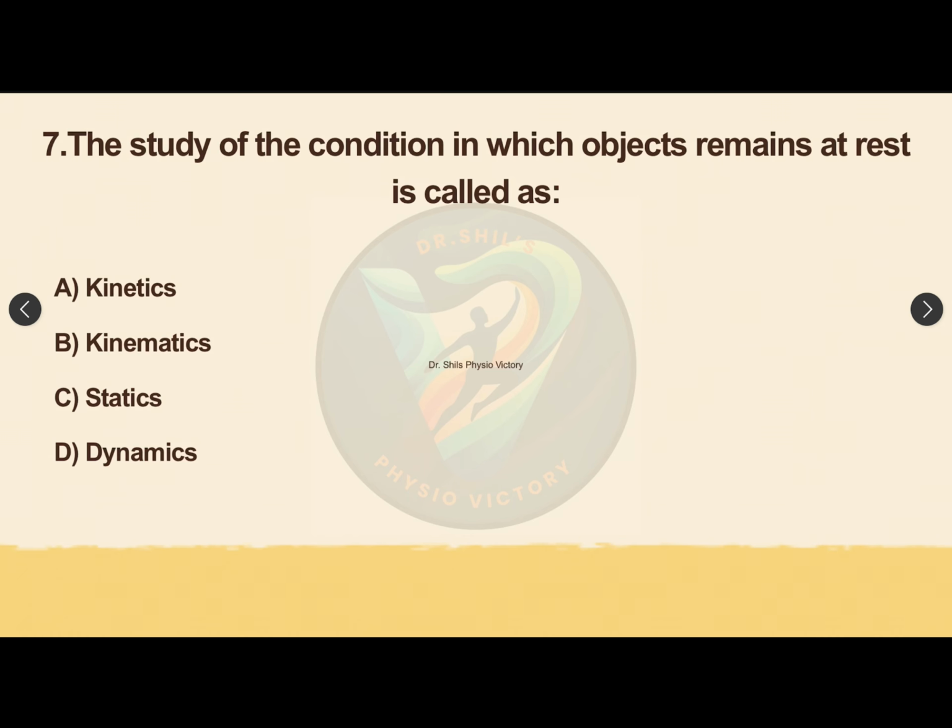The study of conditions in which objects remain at rest is called as option A kinetics, option B kinematics, option C statics, and option D dynamics. Here the correct answer is option C statics.